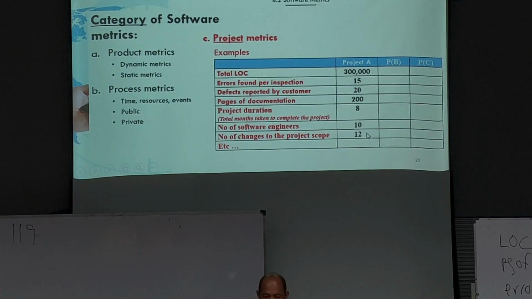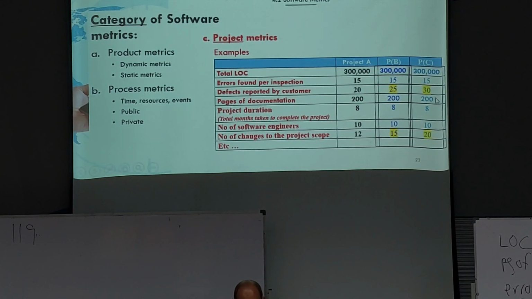Throughout the project, it received 12 changes to the project scope. So these are what you can measure for projects. You can measure for project B, you can measure for project C.